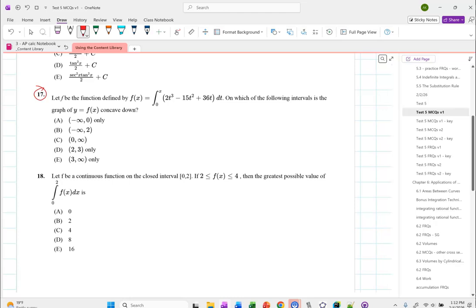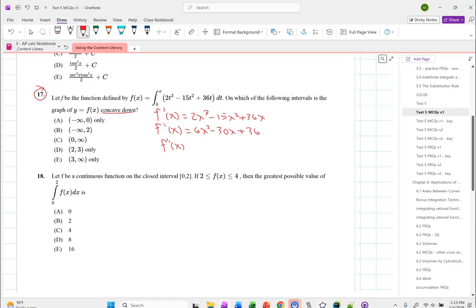Okay, concave down means we have to look at the first derivative, which just cancels out the integral. The second derivative is this guy.